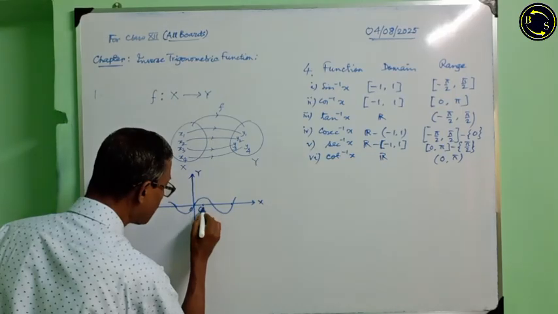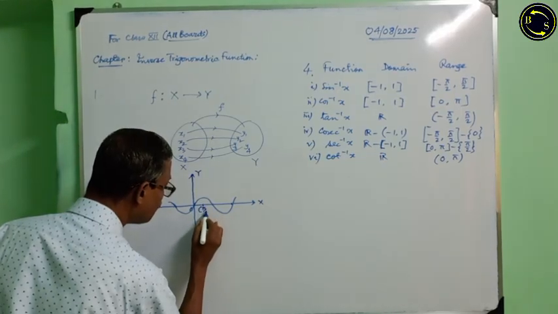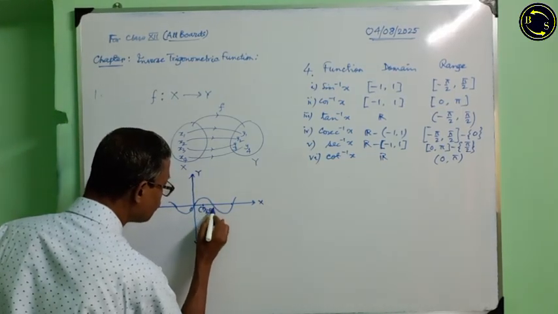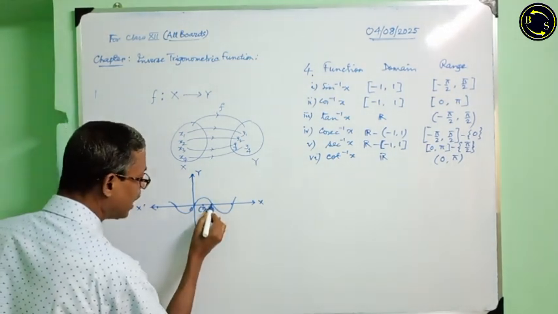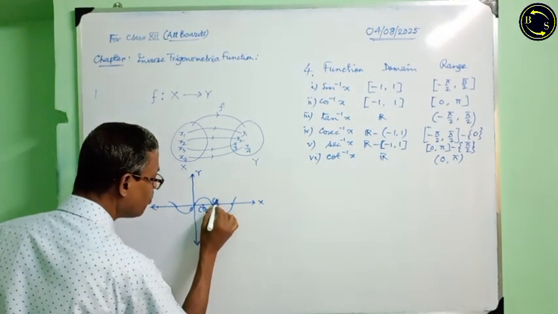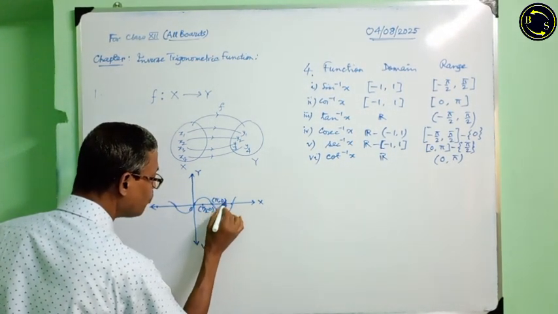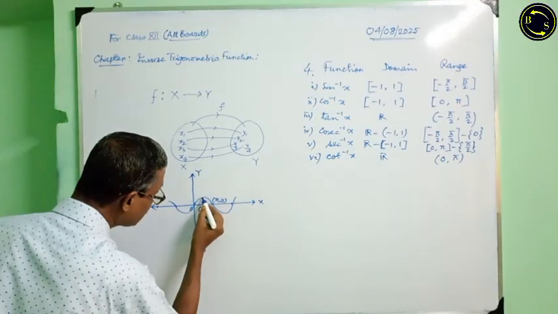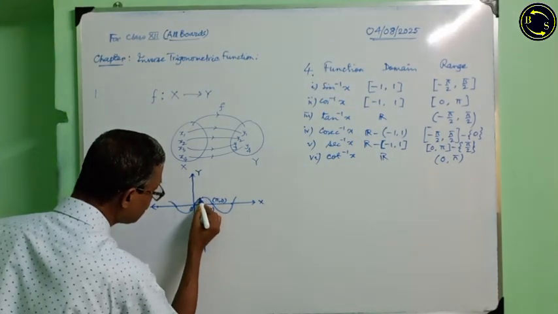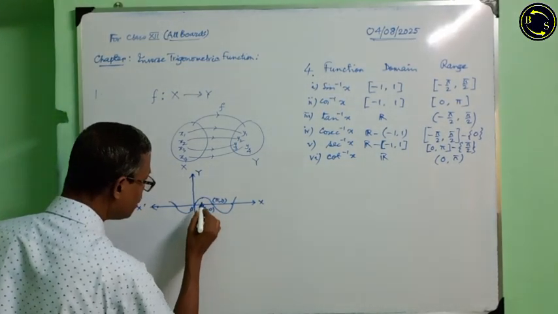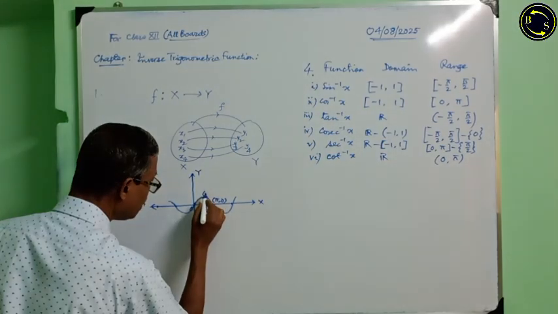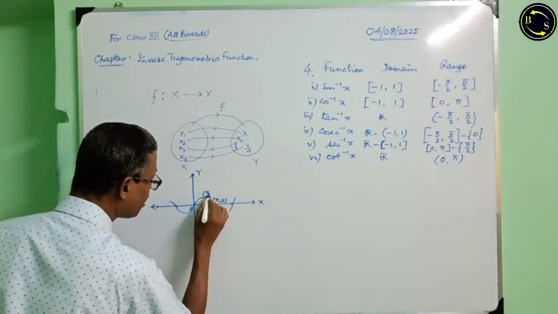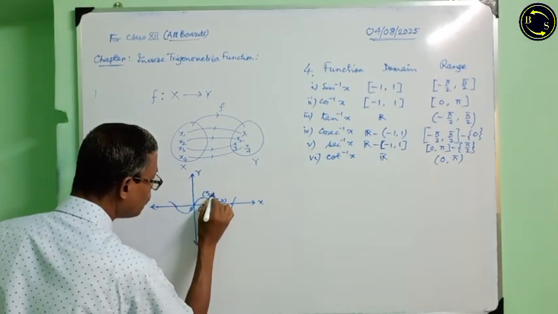This point is (pi/2, 0). This point is (pi, 0). And this point is (pi/2, 1).